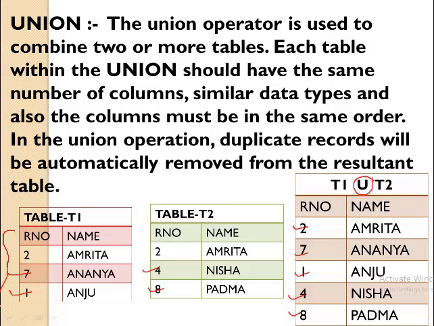Another record, roll numbers 7, 1, 4, 8, symbol of union. So it will have the combination of records from both the tables. Duplicate records will be removed.